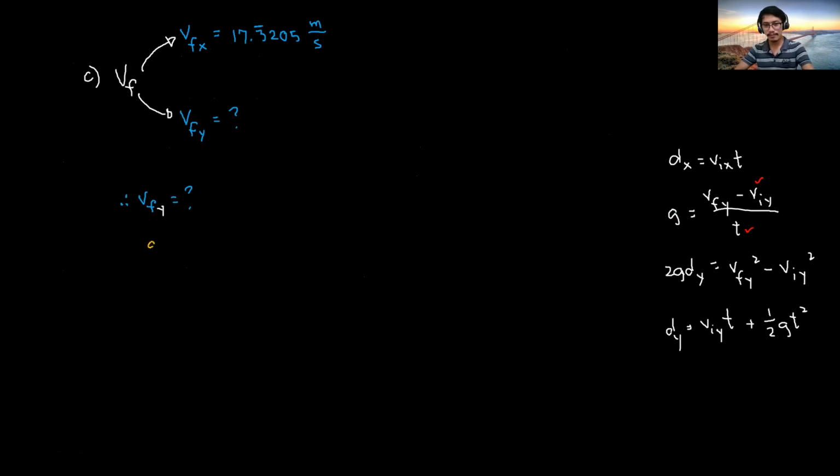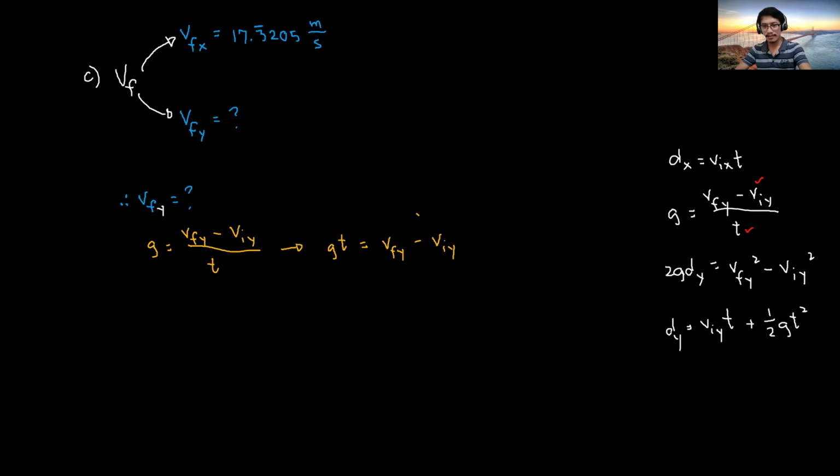Okay, so that is G is equal to VFY minus VIY over time. So to derive VFY, cross multiply mo lang yan. So that is GT is equal to VFY minus VIY.